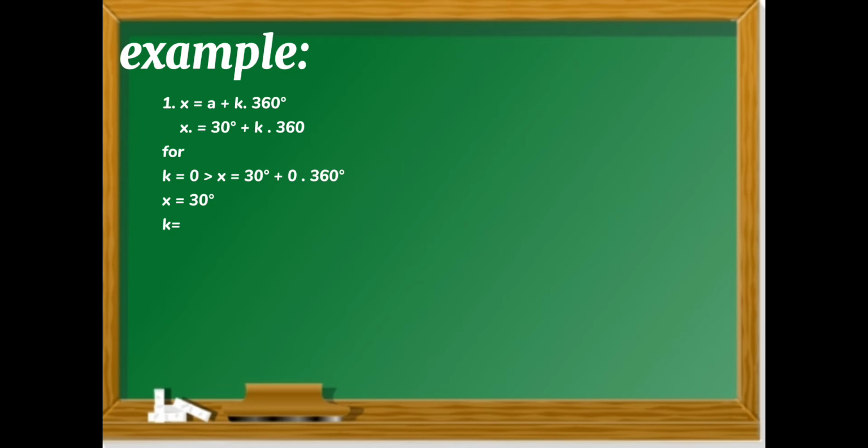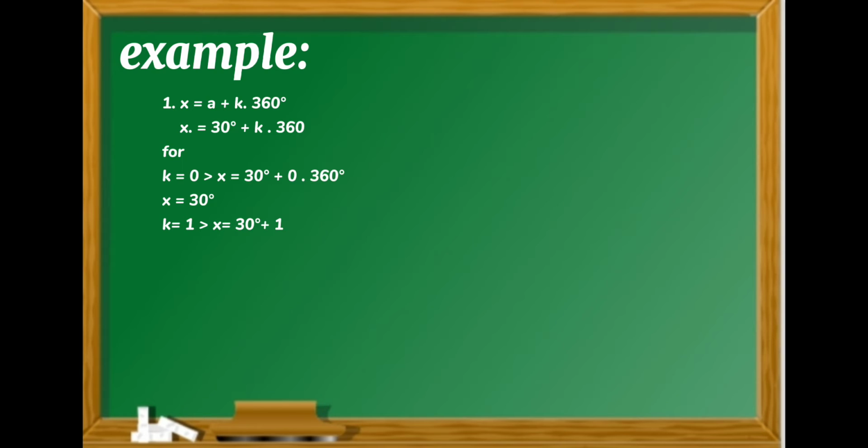Then we take k equals 1. We get x equals 30 degrees plus 1 times 360 degrees.